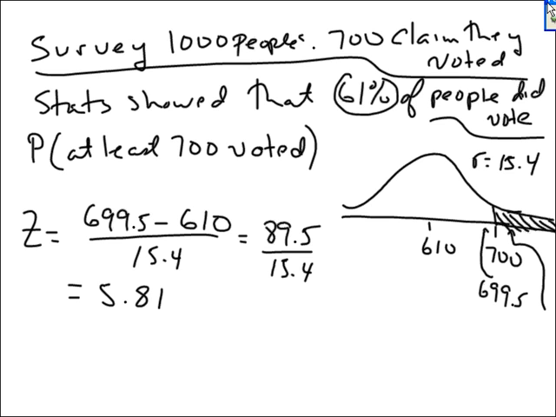And the chances of being to the right of 5.81 is 0. The answer is just a little bit more than 0. Okay. In fact, it's very, very unlikely that if 61% of the people voted and you surveyed 1,000 people, that at least 700 voted.